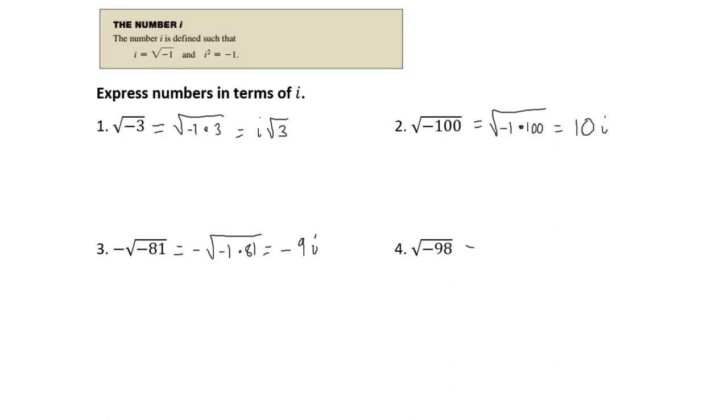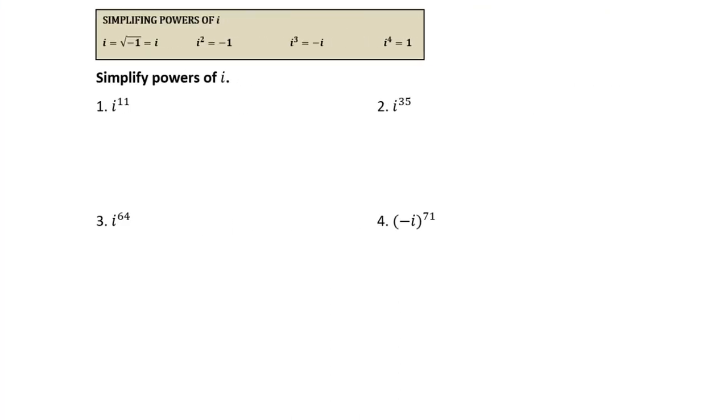And then for this one, we can write it as -1 times 49 times 2. And so we get square root of 49, which is 7. Square root of -1 becomes i, and the square root of 2 is left on the inside. All right, let's look at some more examples.